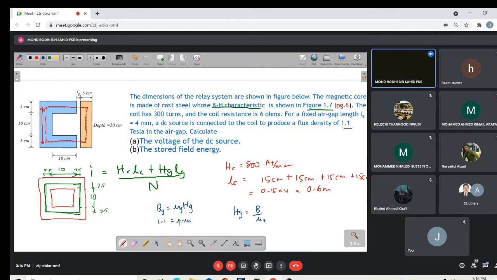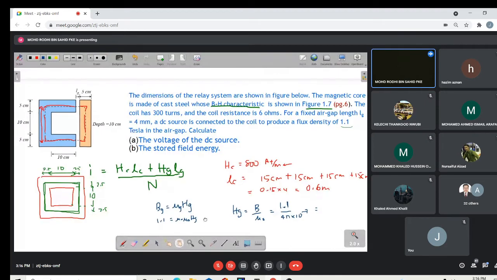For air, mu r is 1, so what's left is just mu naught multiplied with Hg. So Hg is basically 1.1 divided by mu naught, which is 4 pi times 10 to the power of minus 7. That is Hg, the field intensity of the air gap.